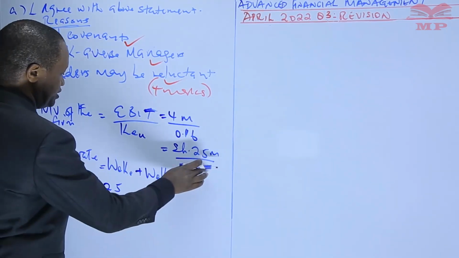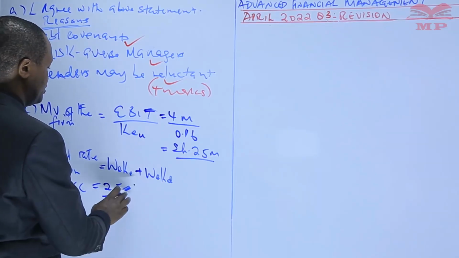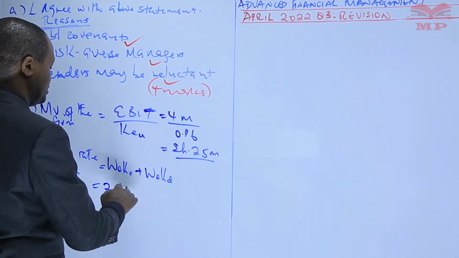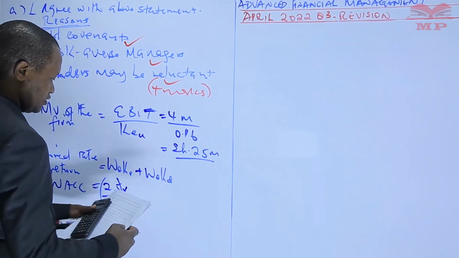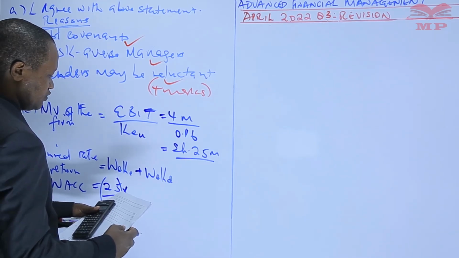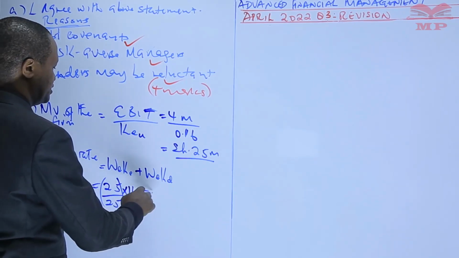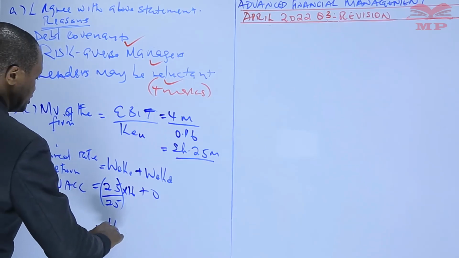This is the weight. There is no debt. So 25 times 25, the cost of equity is 16, plus 0. This will be equal to 16%.